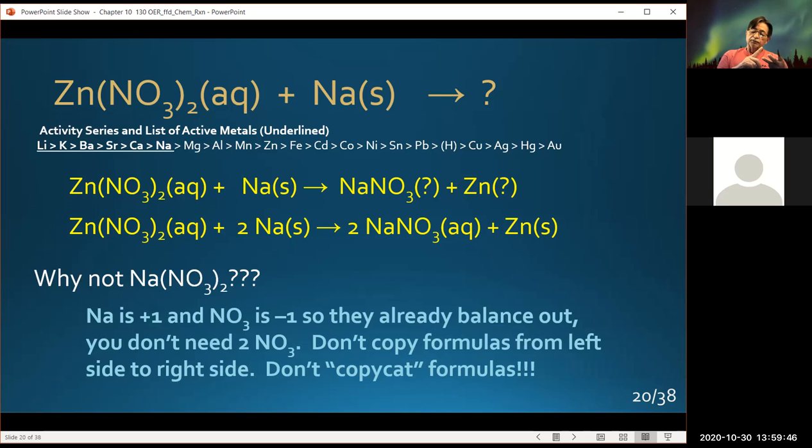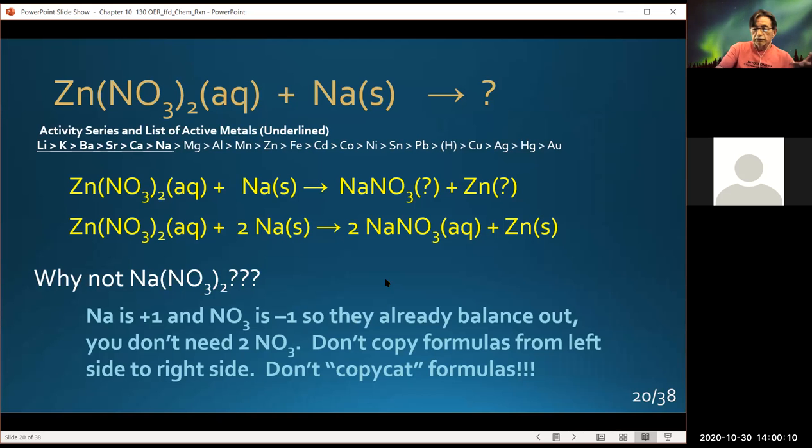Once you determine who's most reactive, ask the question, is the most reactive metal in ionic form? In other words, is it a compound? If it's no, then the reaction proceeds. If the answer is yes, then there's no reaction because the most reactive metal is already in the most stable state.